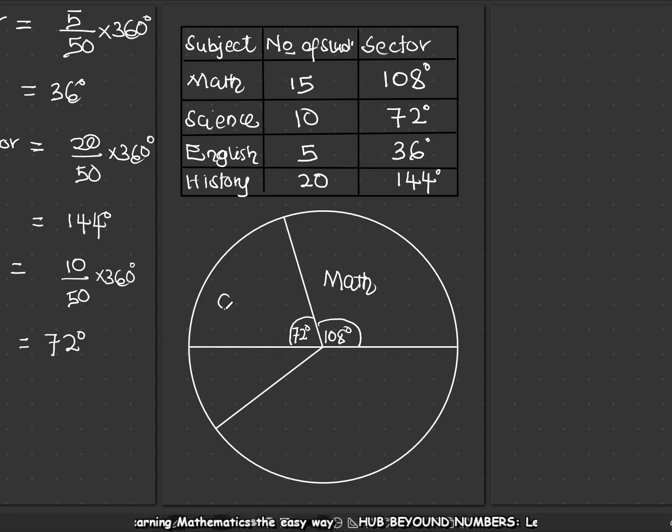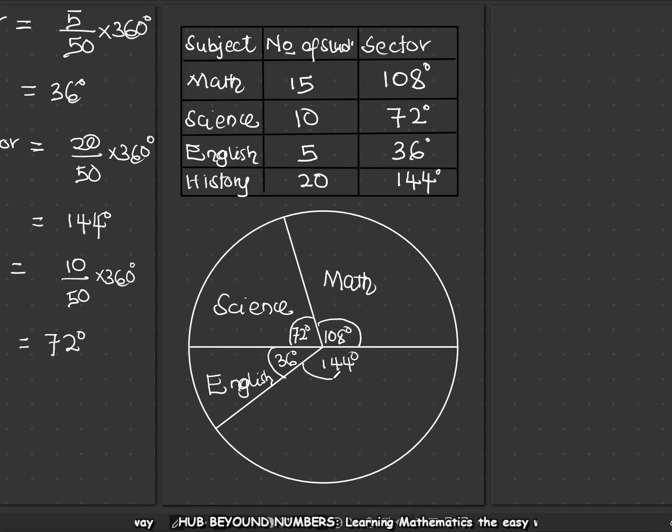And that represents science. And then I have my 36 degrees also over here. And that represents English. And then the last one, which is 144 degrees, will be here. And that will represent what? History.